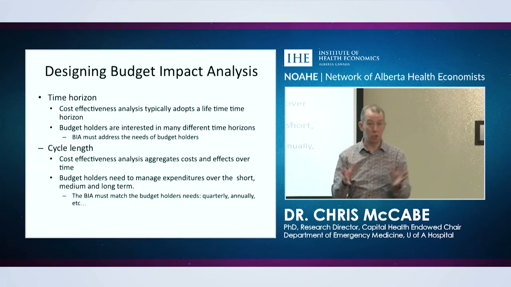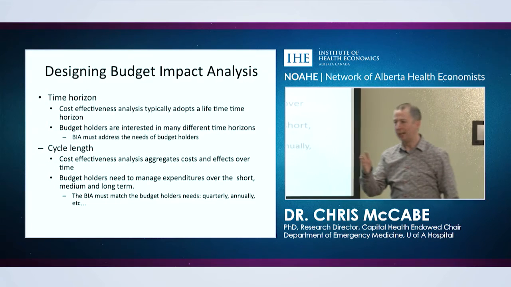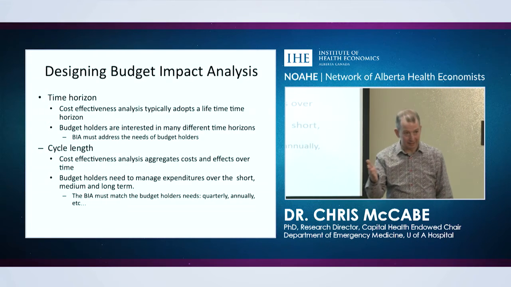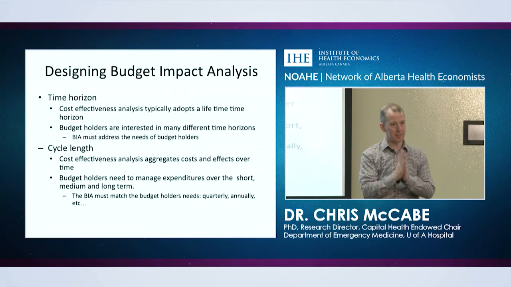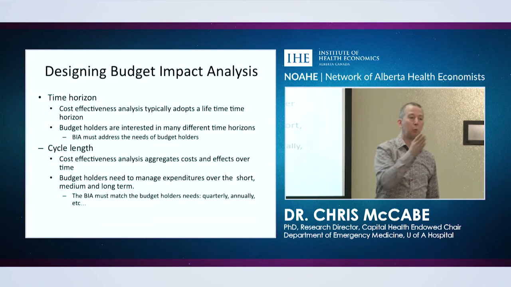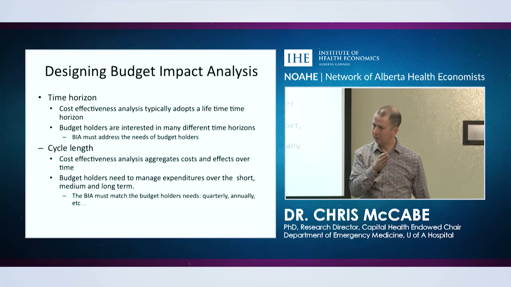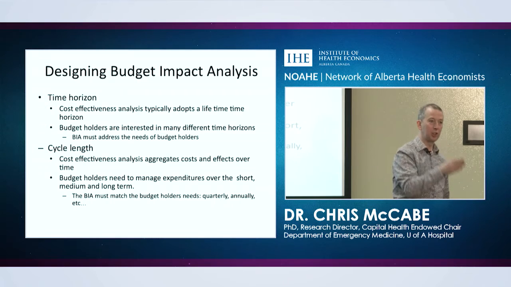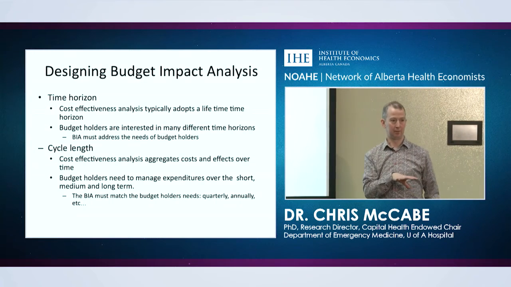Because they're already in touch with the health system, they see their GP regularly or whatever. Or actually, is this growth going to be very linear over the... You have to ask the decision maker, not only over what time period, but what granularity of the accumulation of budget impact do you want, do you need?